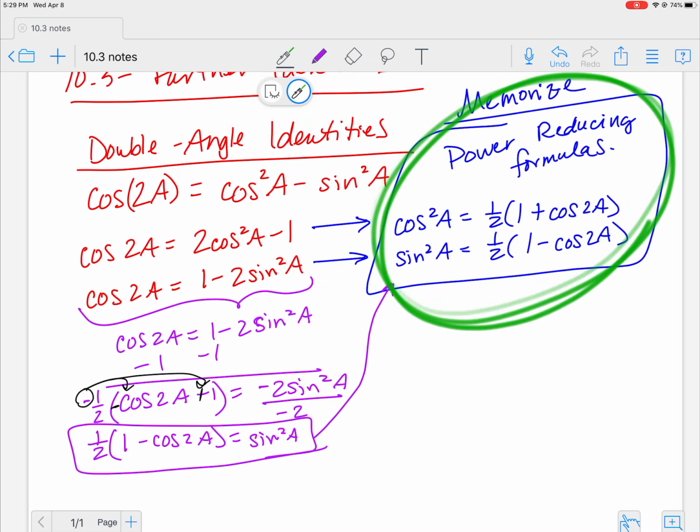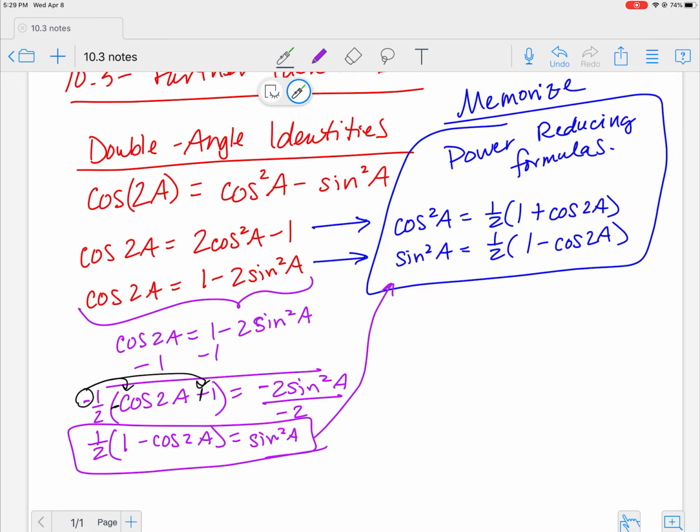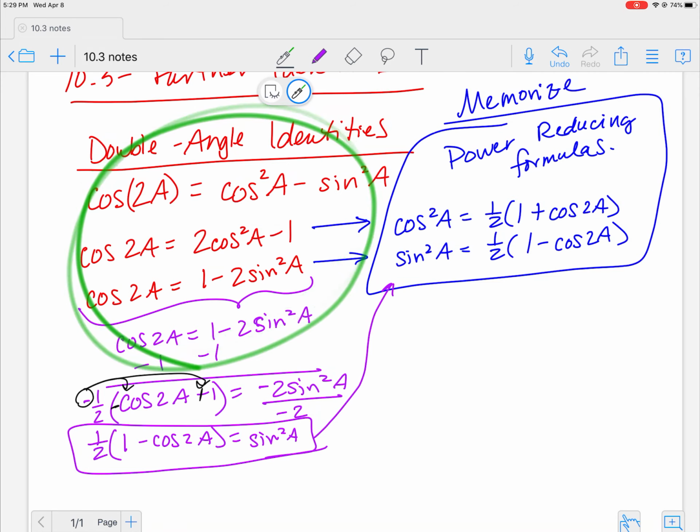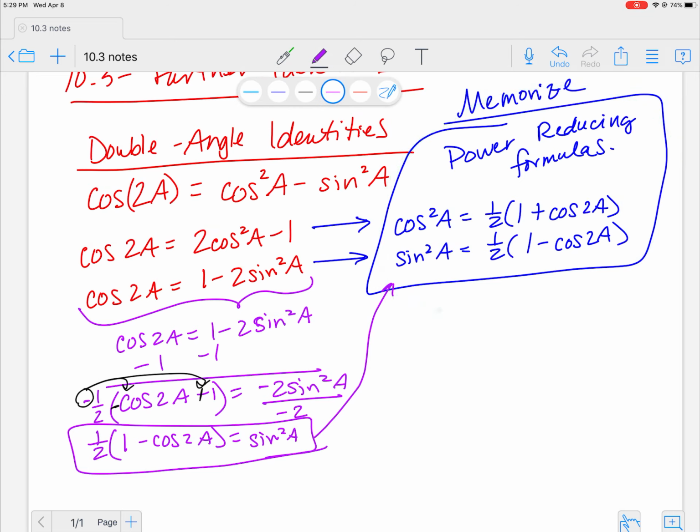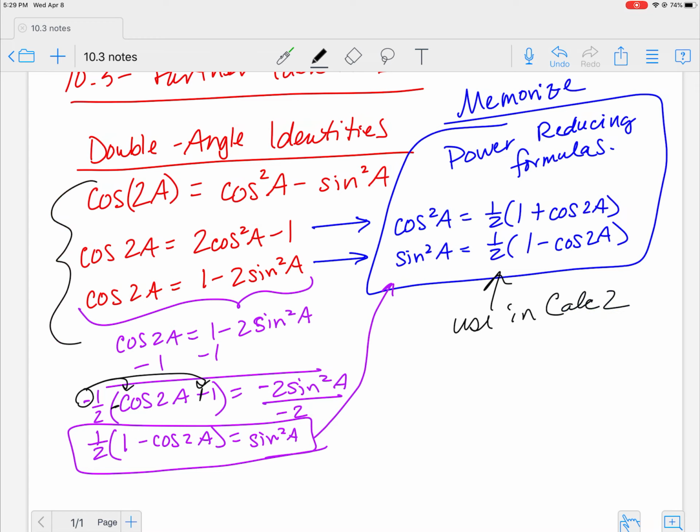So your calc book talks about it as a double angle identity because they use it in this form, and it's just a manipulation to get there. Different books call these power reducing and call them separate forms. They're literally the same. It's just a manipulation. But this is the format that we're going to use them in calculus. This is the format that you're going to use them in trig. All right?